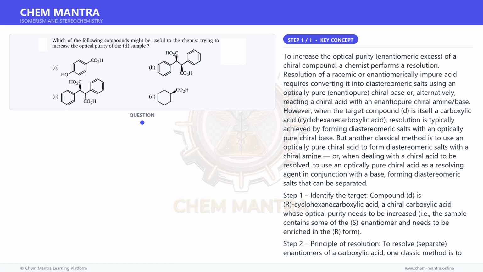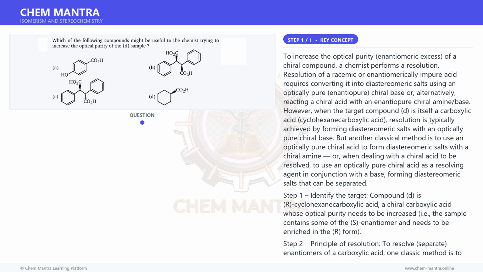In practice, optically pure chiral acids are used to resolve chiral amines, but a chiral acid can also serve in resolution schemes involving conversion to esters or other derivatives with chiral alcohols, or as part of a salt with a chiral base derived from the target.